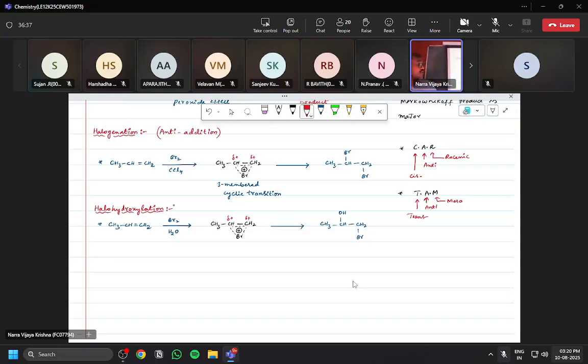Any questions, sir? Right? So here you got halogen only, but along with halogen, I got OH group also. Instead of H2O, if I add methanol, you will get OCH3 here. If I add acetic acid, I will get OCOCH3 group there. Correct or not? I will show the same thing here.